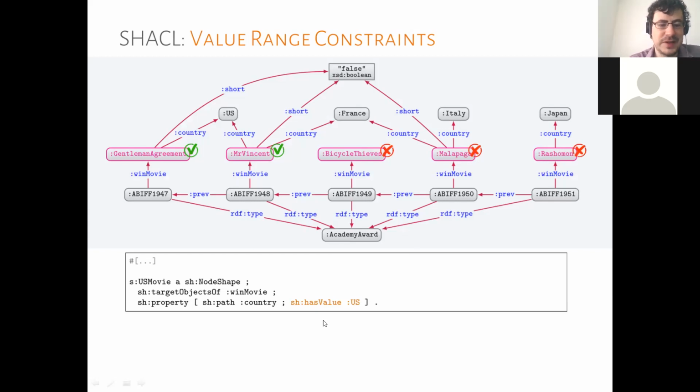Whether this example makes sense in reality, I'm not sure, although I think most of the Academy Best Pictures are from the US, and a couple aren't. I don't think it's a restriction, but for the purposes of the example, we see how to validate that the value is a particular value.